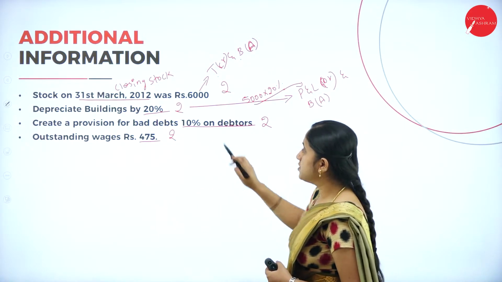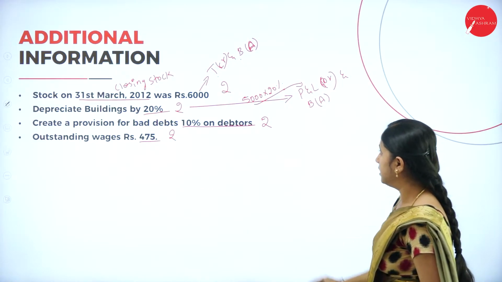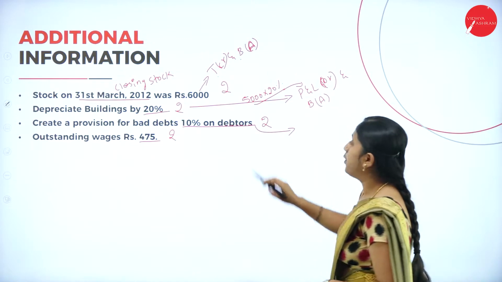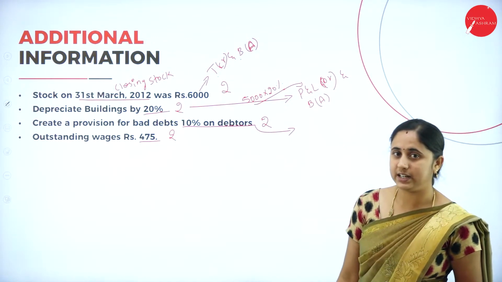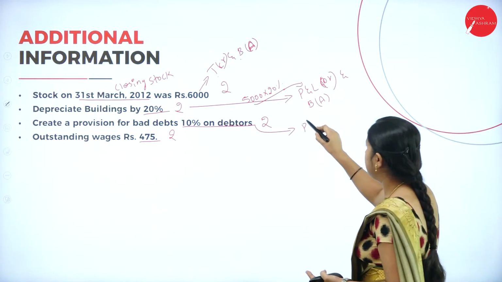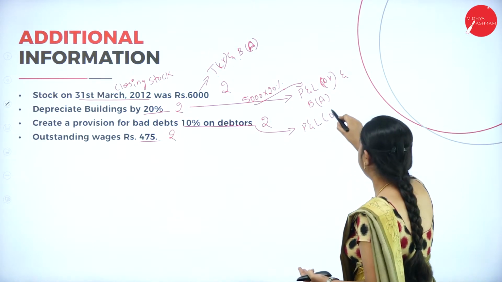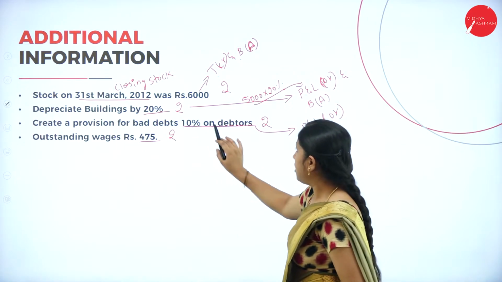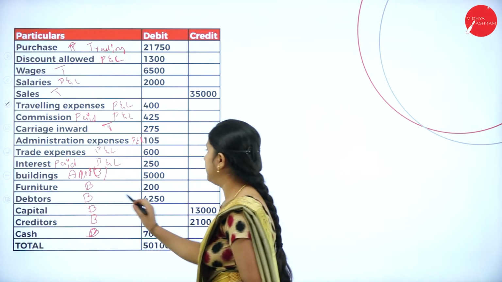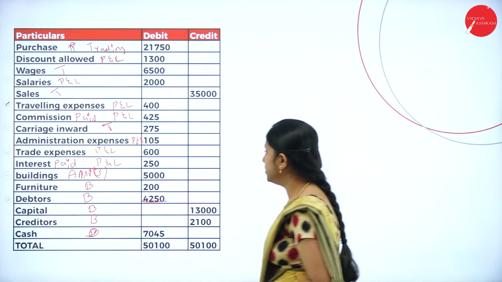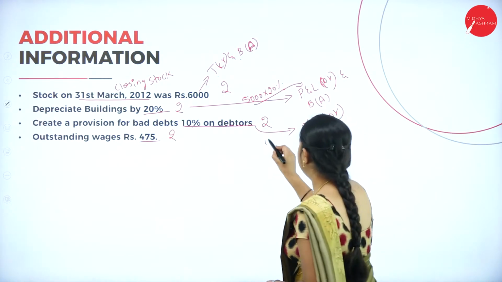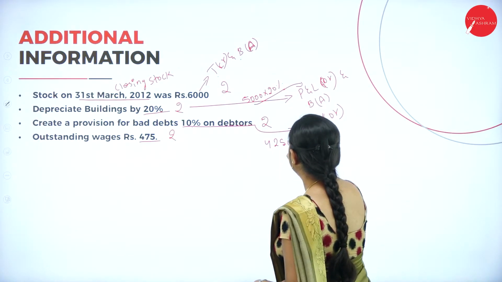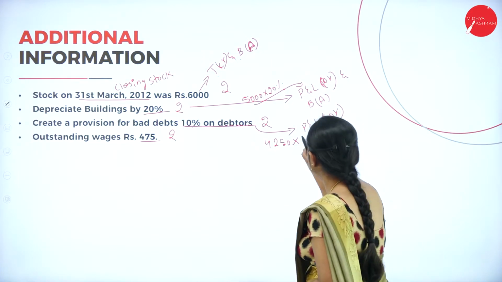Next, create provision for bad debts 10%. In the same way, provision for bad debts is an indirect expense. Once you will consider it in the profit and loss account debit side. For the calculation, 10% on debtors. So, you will consider the debtors amount 4,250 into 10%.